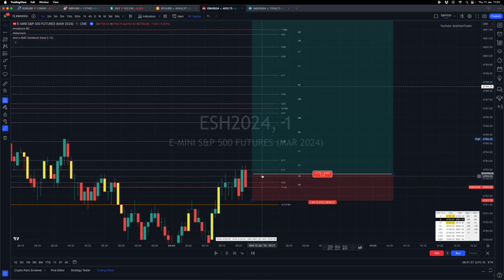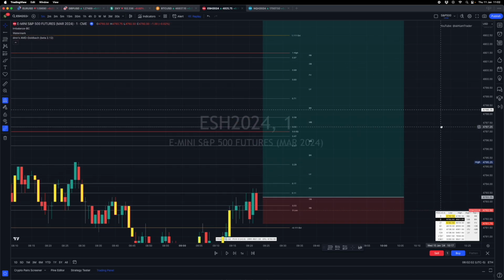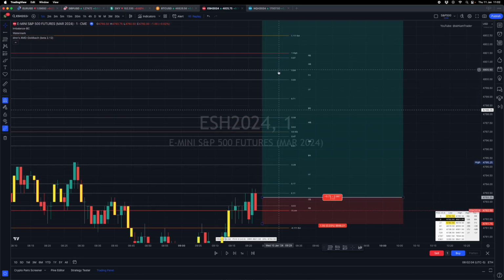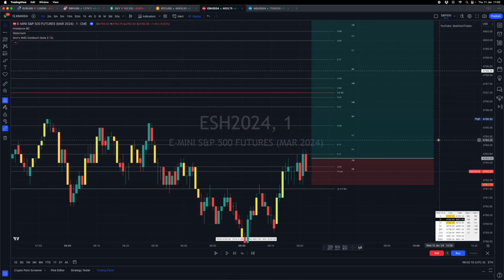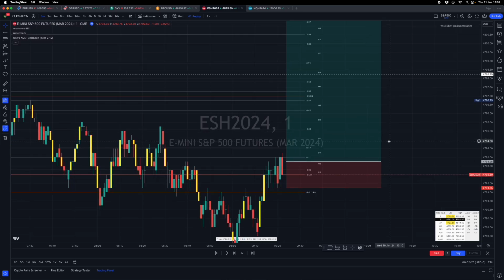So this will be the order block, fair value gap, liquidity void, breaker block, equilibrium, all the way up to the bearish order block and the high of the dealing range. This is an extension.